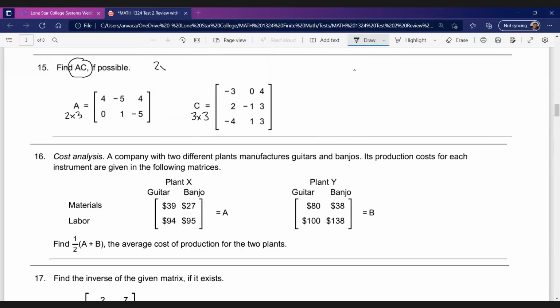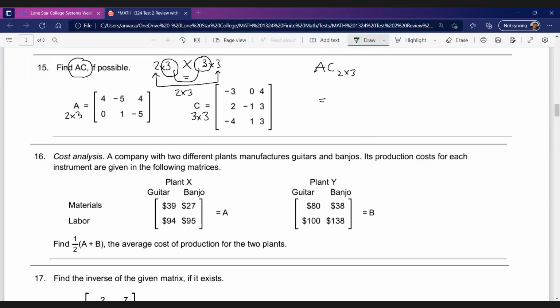So we have a 2 by 3 multiplying a 3 by 3. Because the inner numbers are the same, this product will be defined, and the product will be of size 2 by 3. So AC is going to be a 2 by 3 matrix.